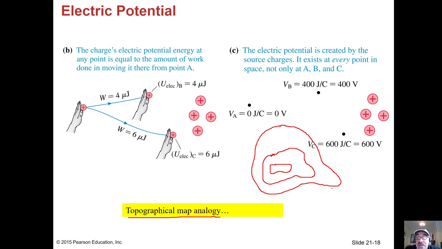So you could take a charge, put it here, or here, wherever you want on this equipotential surface diagram. You would have the same voltage. It would take the same amount of energy to put a charge anywhere where you have the same voltage, from the formula that we saw: U is equal to Q times V. Okay, excellent. We'll have to get some practice with this. This is a lot of theory right now.